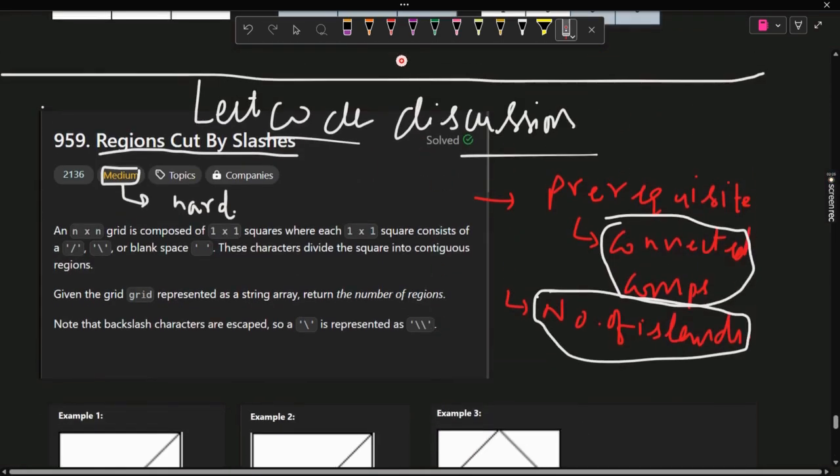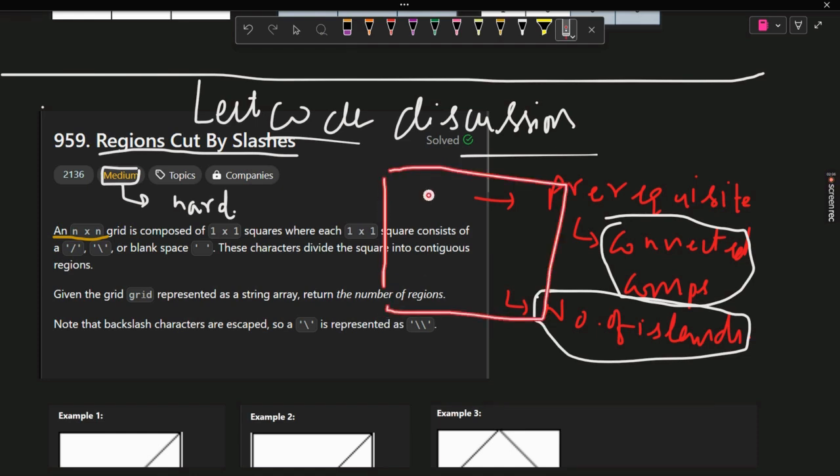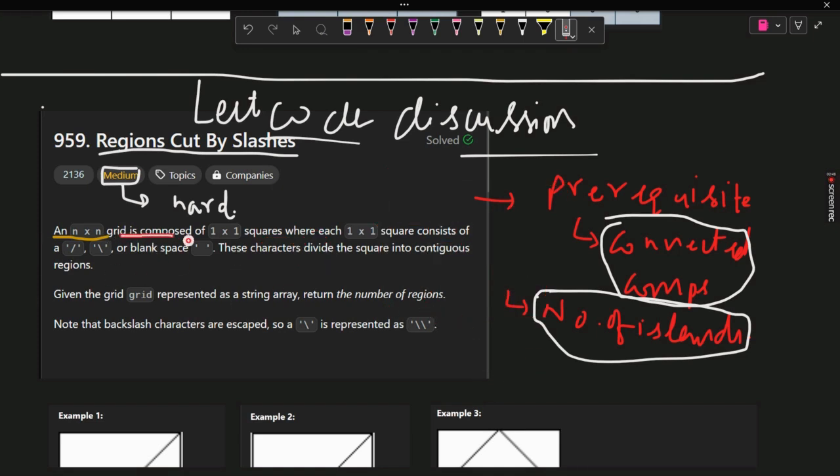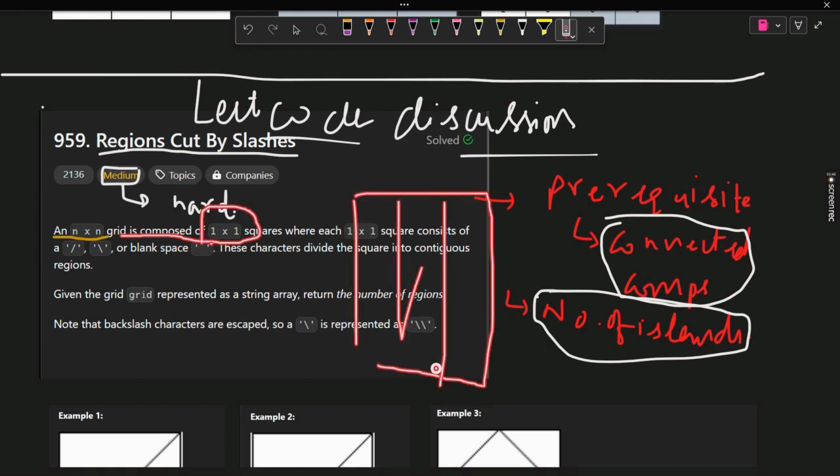So first of all, let's read this problem. We are given an n cross n grid. An n cross n grid is something like this. You all know what an n cross n grid is, and it is composed of 1 cross 1 squares, basically these small squares.